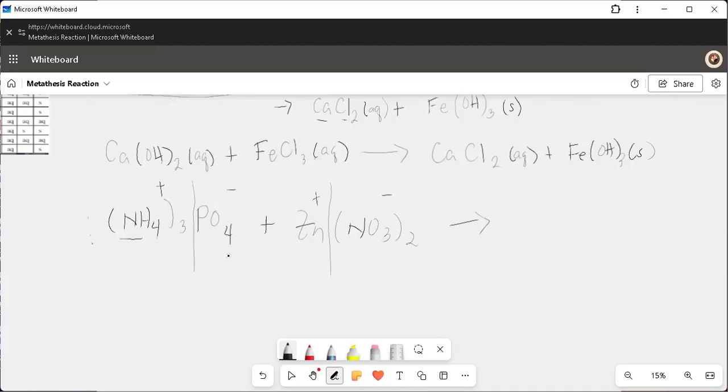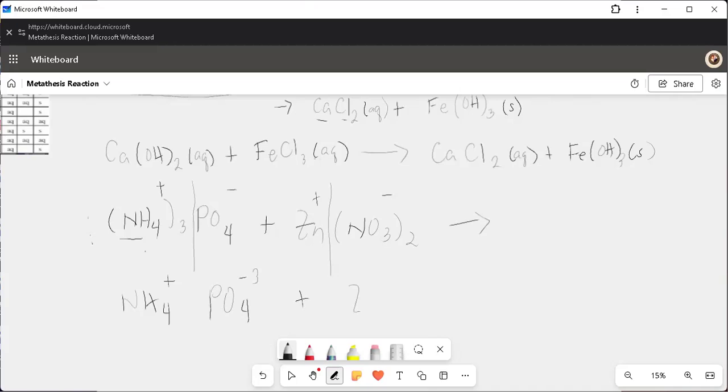So just look at the table and see there. So if my recollection is correct, for NH4, the charge is positive 1. For PO4, this is phosphate. From the table, the charge is negative 3.